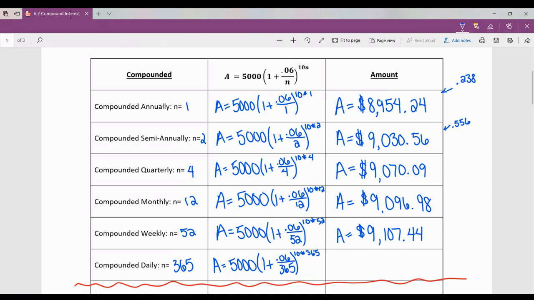So we get the amount in my account, if I reinvest my interest every single day, $9,110.14. Okay. So that is how we calculate these. So we're going to go ahead and tackle the ones where it's individual problems next.